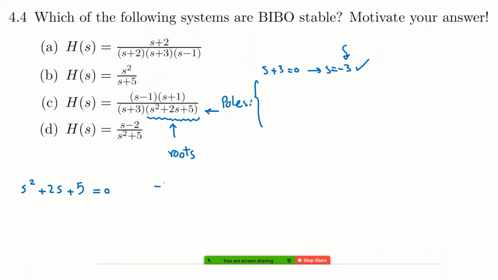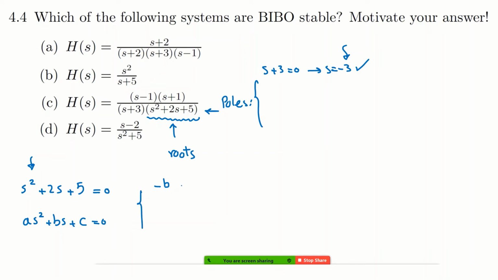Since it is of order 2, I can use the quadratic formula, and that says for a polynomial like as squared plus bs plus c equals 0, there are 2 roots.